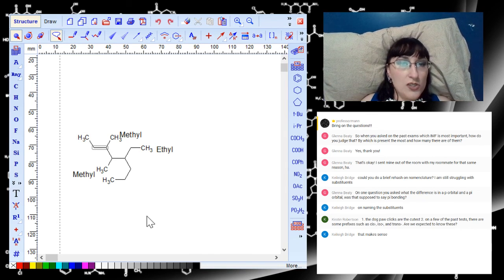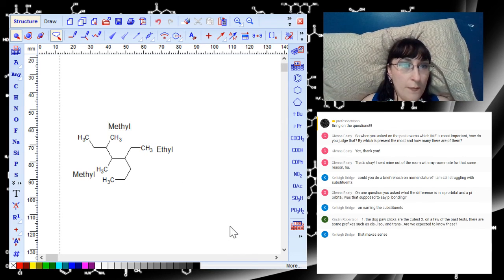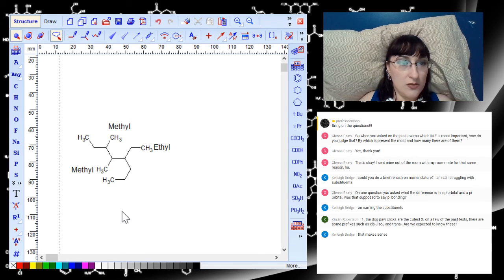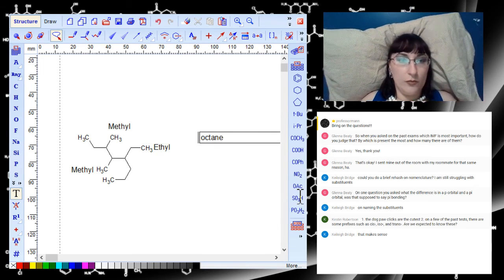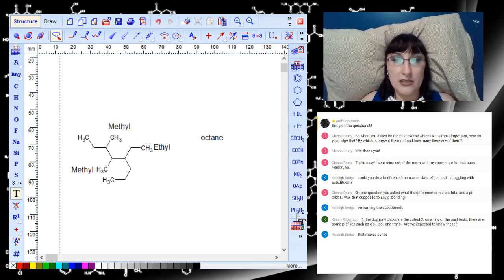If I wanted to name the parent chain, I would call that an octane because it's got 8 carbons: 1, 2, 3, 4, 5, 6, 7, 8. Like I normally do in class, I usually just write a parent chain name. I already know that there are 2 methyl groups and 1 ethyl group, so I would have a something something dimethyl and an ethyl on my octane.